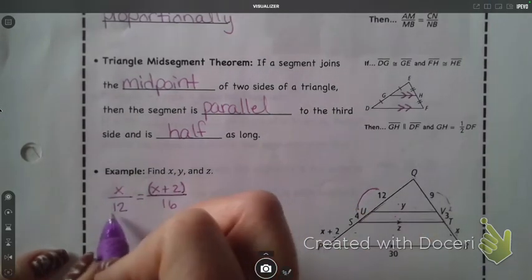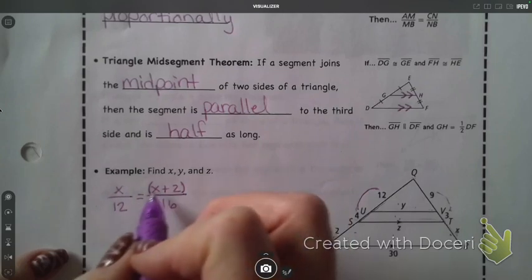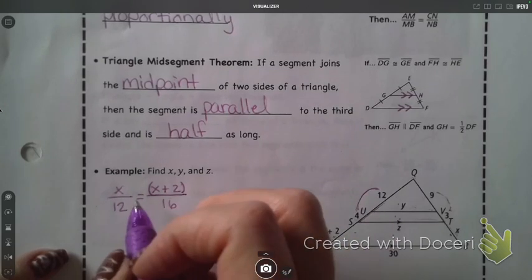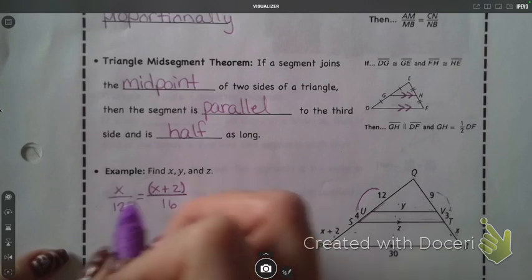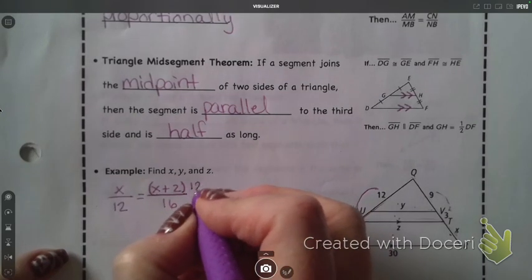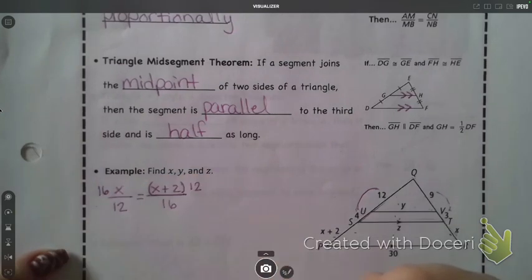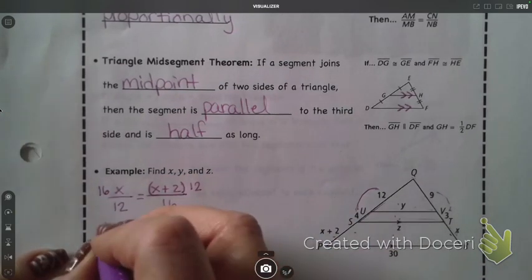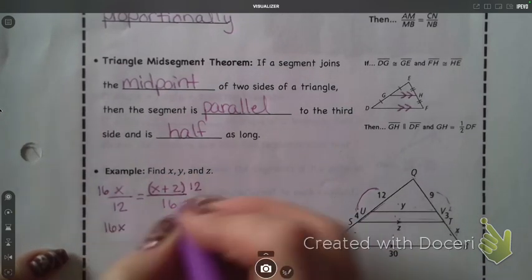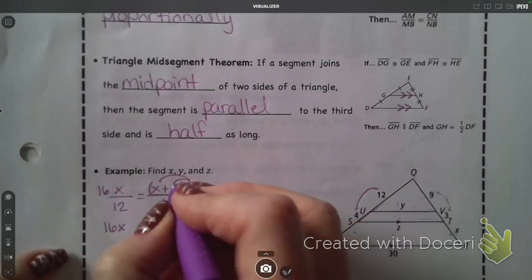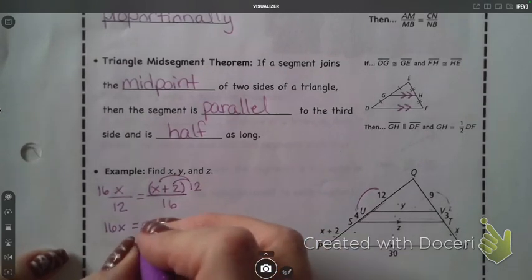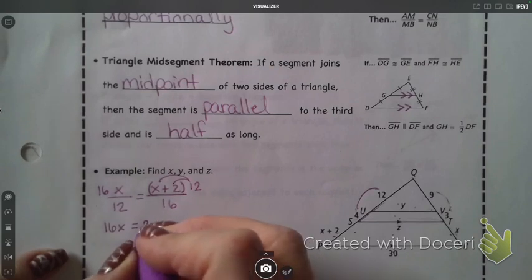So since we have numbers, I don't know how you want to do it. I personally, when I have an X on both sides, I'll multiply this side by 12 and this side by 16. So that gives me 16x equals 12x plus 24. Because you distributed.